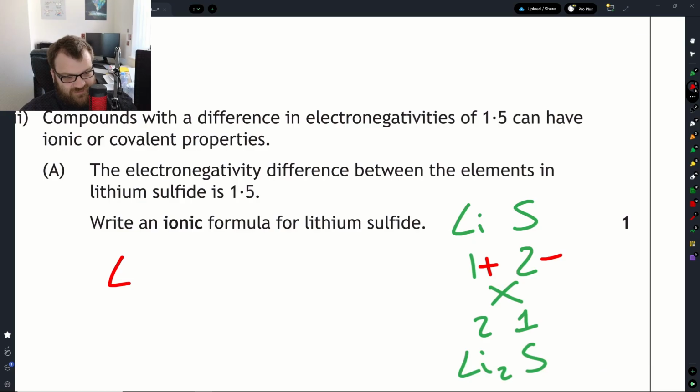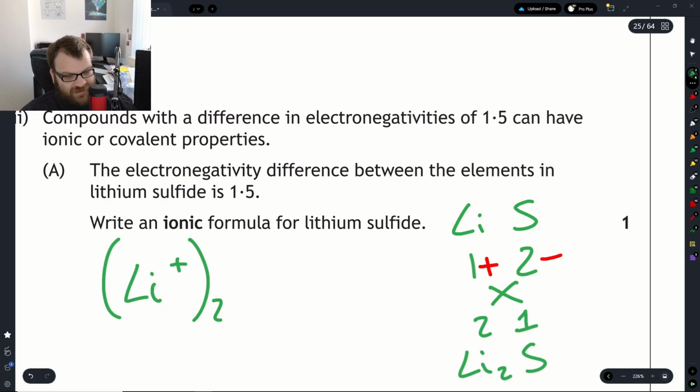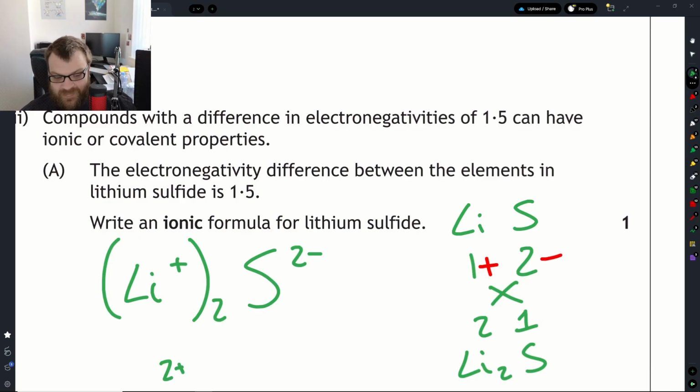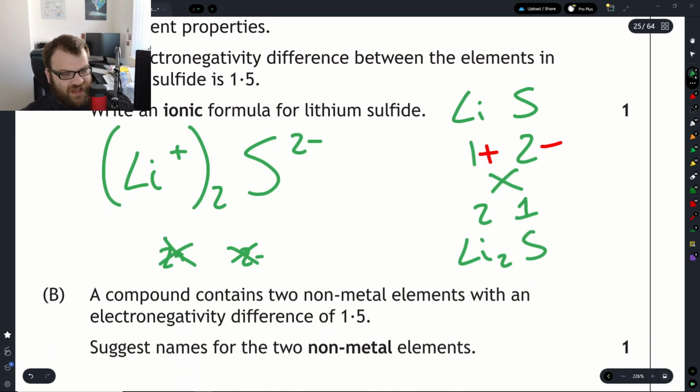So lithium has got a 1 plus charge, and there are 2 of them. Our sulfur is 2 minus, and we only need 1 of them. You get 2 singly positively charged lithiums, that's 2 plus overall, and then our 1 sulfur has a 2 minus, so our charges balance out, making this our correct answer.